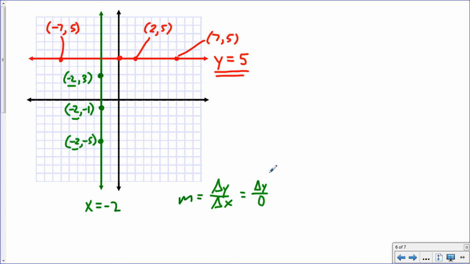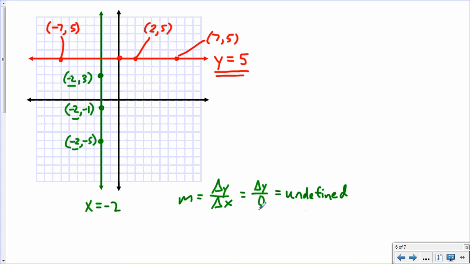So what is something that doesn't equal 0 divided by 0? Well, in another video, I explain exactly why this ratio is undefined. But this ratio is undefined.